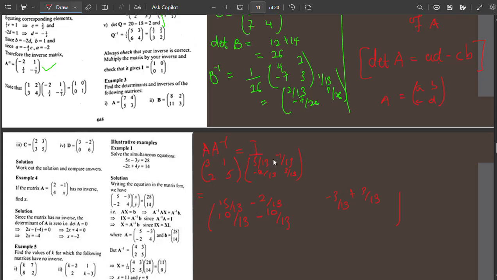Then 2 times, it's just like we do any other multiplication. Minus 2, then this times this over 13. Then 5 times this is 15 over 13.